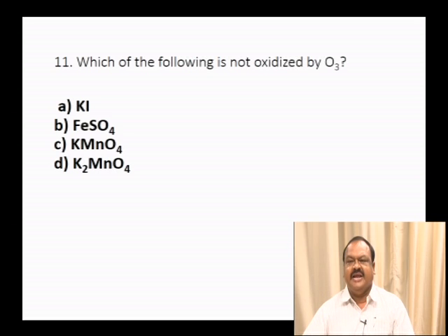Hence, it is not oxidized by ozone. Whereas ozone reacts with potassium iodide, ferrous sulfate as well as potassium manganate. But potassium permanganate, due to the higher oxidation state of manganese, cannot be oxidized by ozone. So, the suitable answer is C.